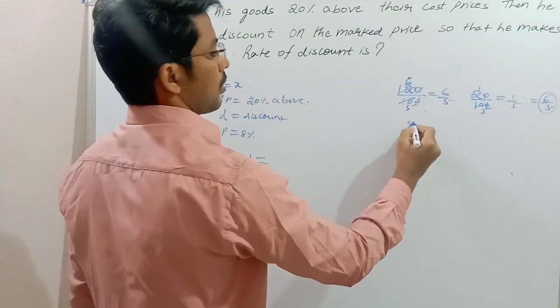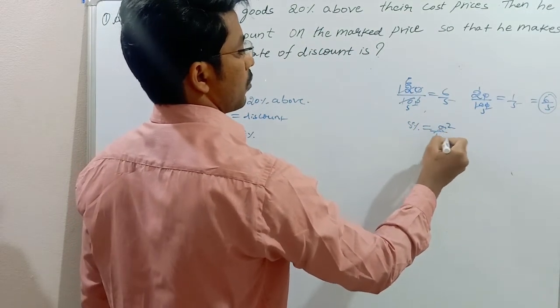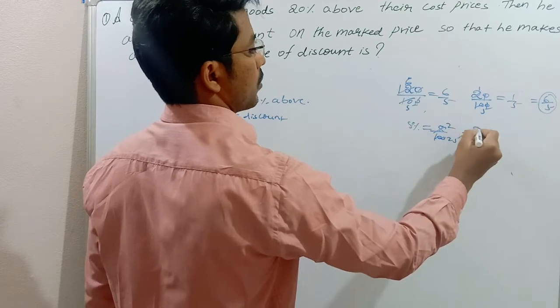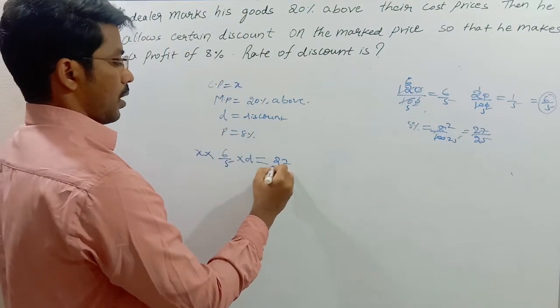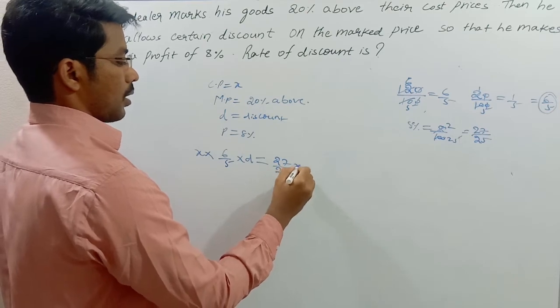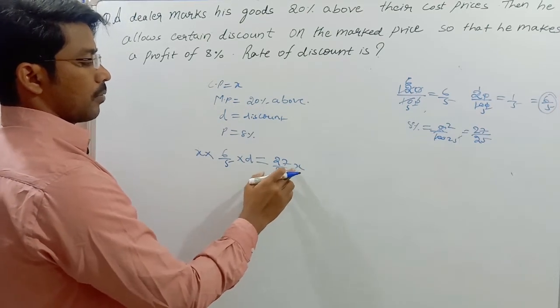So 8% can also be written in the same manner: 8 by 100 is 2 by 25, so 25 plus 2, 27 by 25. So 27 by 25 of X.